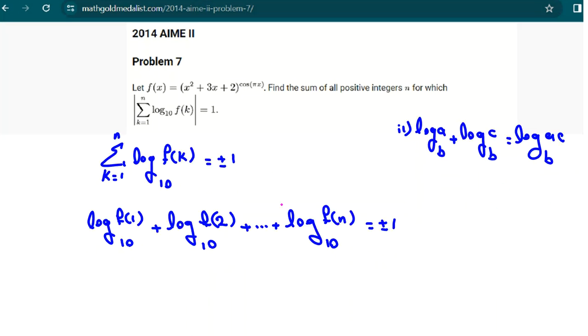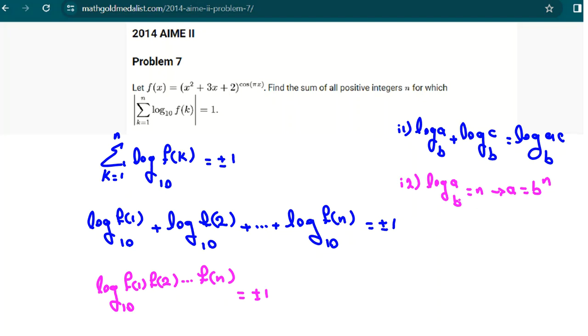Now if we apply this idea here, then it will be log. We can change this sum to a product inside the log, like this rule, ac here. Log of f of 1 times f of 2 up to f of n to the base 10 equals plus minus 1. By the definition of logarithm, if log a to the base b is n, then a is b to the n, like this.